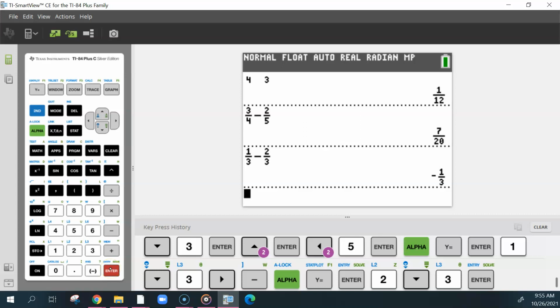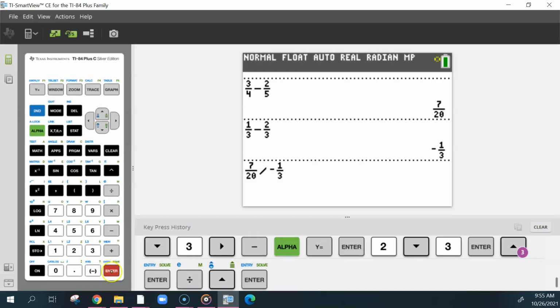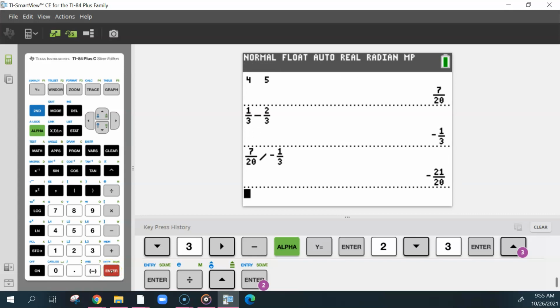And then I'm going to go back and grab 7/20, and I'm going to divide that by this fraction. And it would give me that answer. So all of that work we just did by hand, you could definitely do in your calculator.